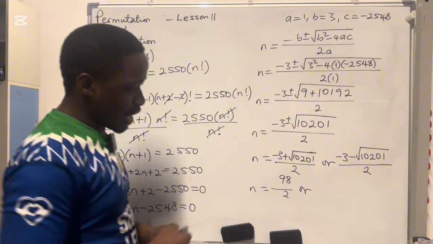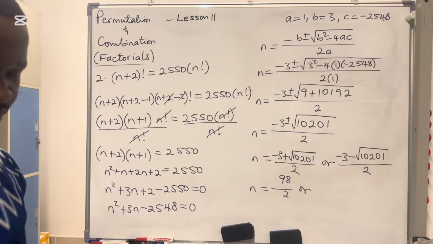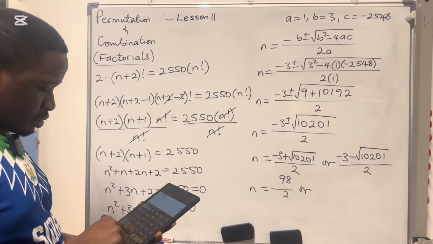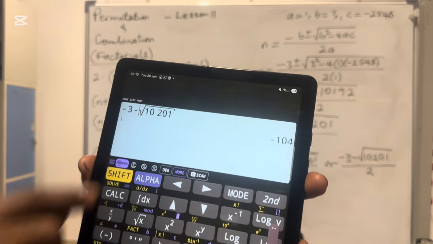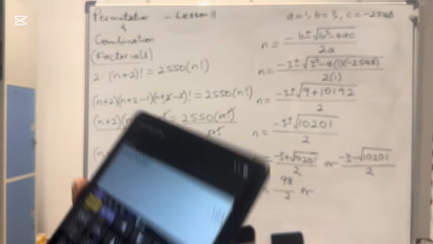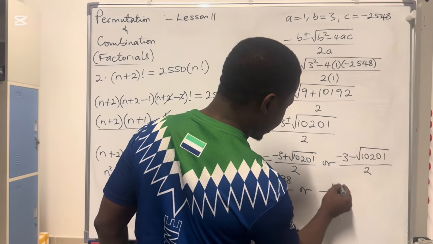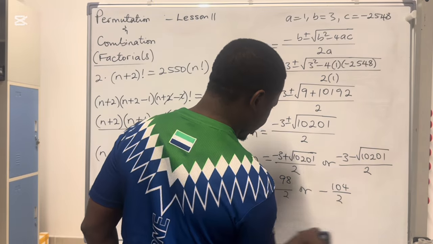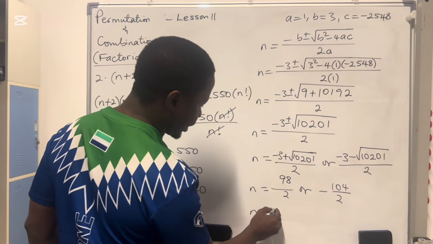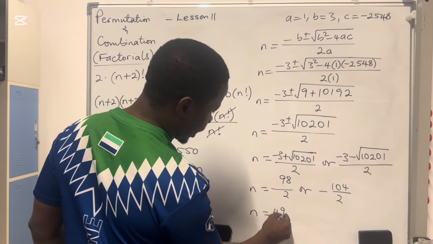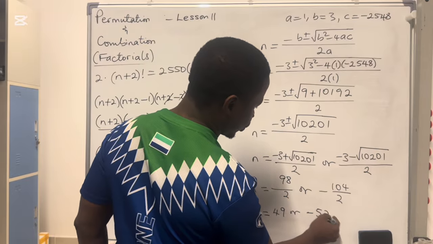Or, so we go there, just change this plus to minus to get that one. So what do we get? Minus 104. Minus 104 over 2. So n is equal to 98 over 2 is 49, or this one is minus 52.